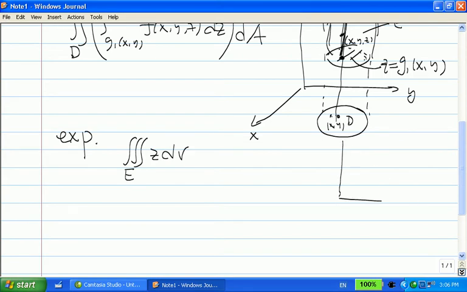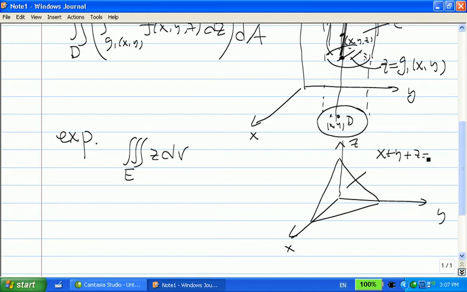My E is a tetrahedron bounded by 4 planes: the xz plane, the xy plane, the yz plane, and one more plane, x plus y plus z equal to 1.